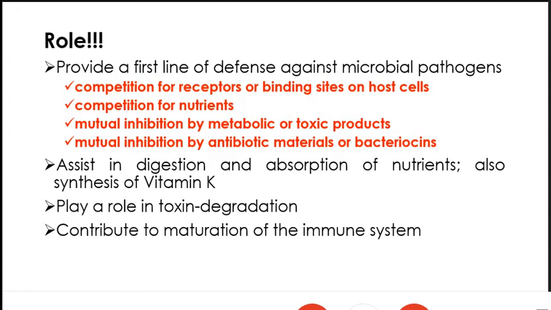And then they have the mutual inhibition by metabolic or toxic product and mutual inhibition by antibiotic materials or bacteriocins. Okay. They also assist in digestion and absorption of nutrients and also in the synthesis of vitamin K. And they play a role in toxin degradation and of course contribute to maturation of the immune system.